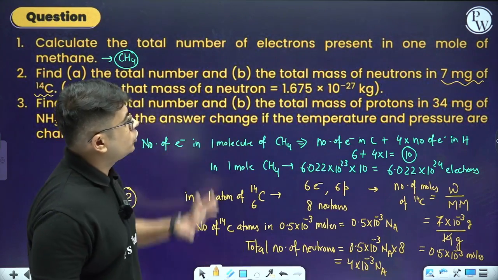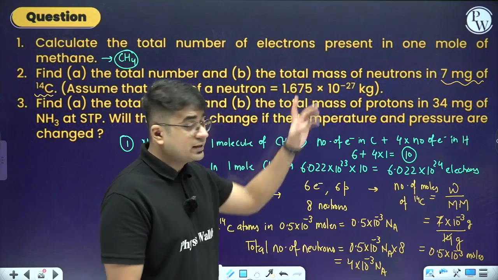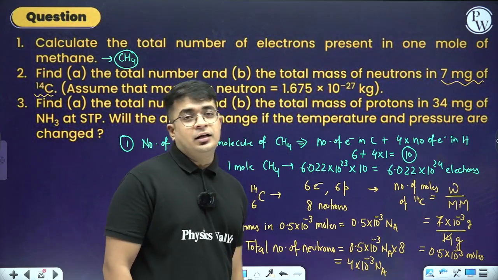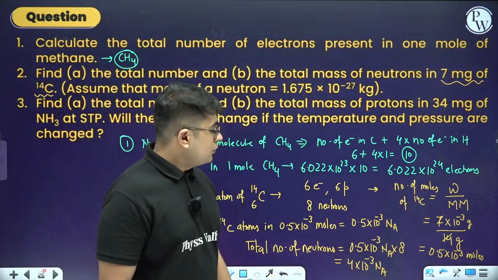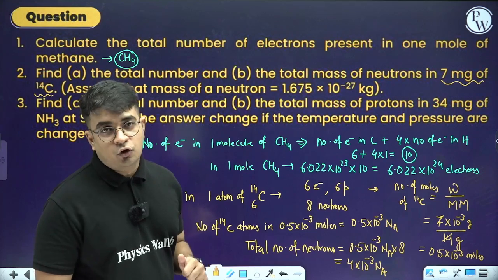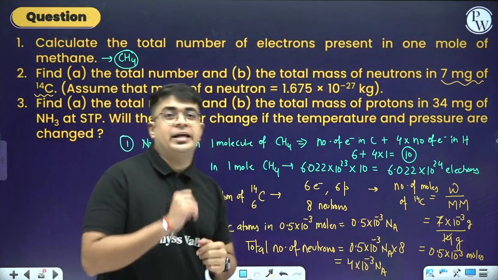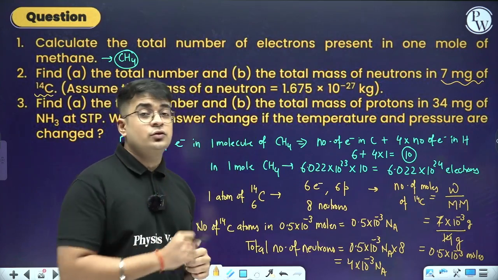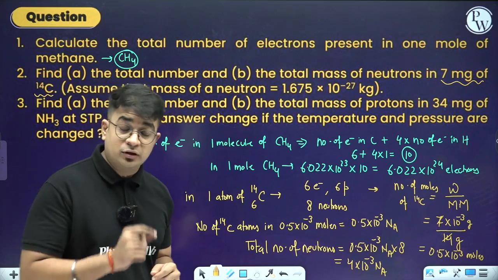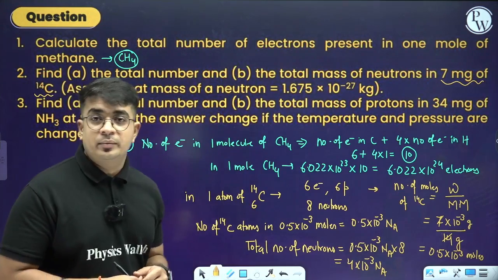Mass of one neutron is 1.675 multiplied by 10 raised to the power minus 27 kg. So the total neutrons have the mass which is this number multiplied by the mass of one neutron. So that will be 4 multiplied by 10 raised to the power minus 3 multiplied by Na, where Na is 6.022 multiplied by 10 raised to the power 23, multiplied by 1.675 multiplied by 10 raised to the power minus 27.